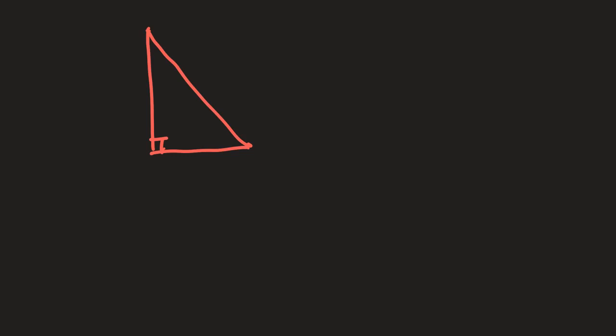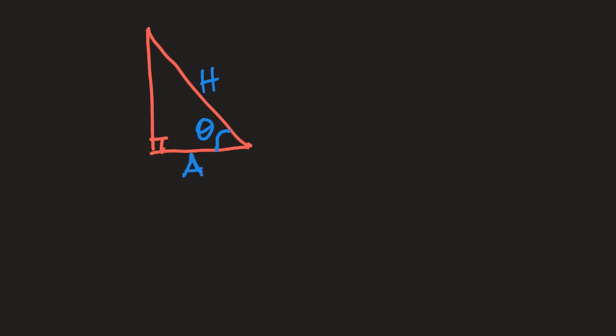Now, how do we use Soh Cah Toa? Well, let's look at this triangle for example. Let's say a question gives you this angle here as theta, and you are given your hypotenuse, but you need to look for the adjacent side.